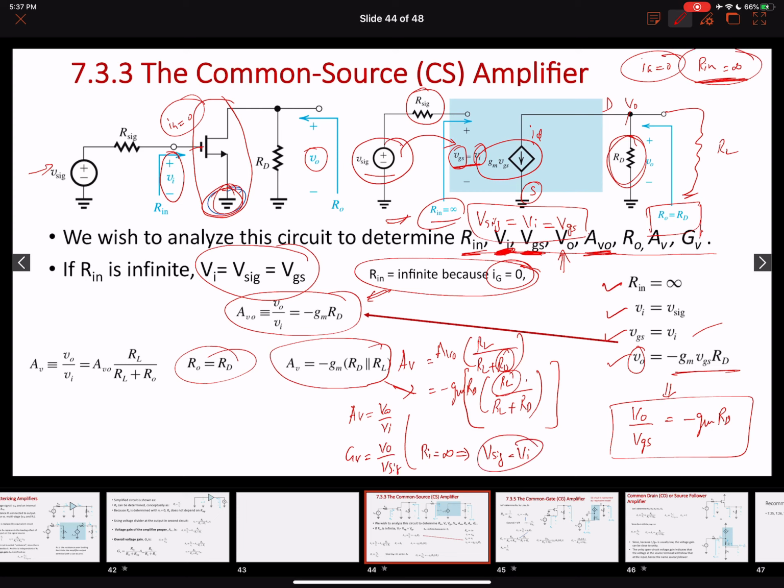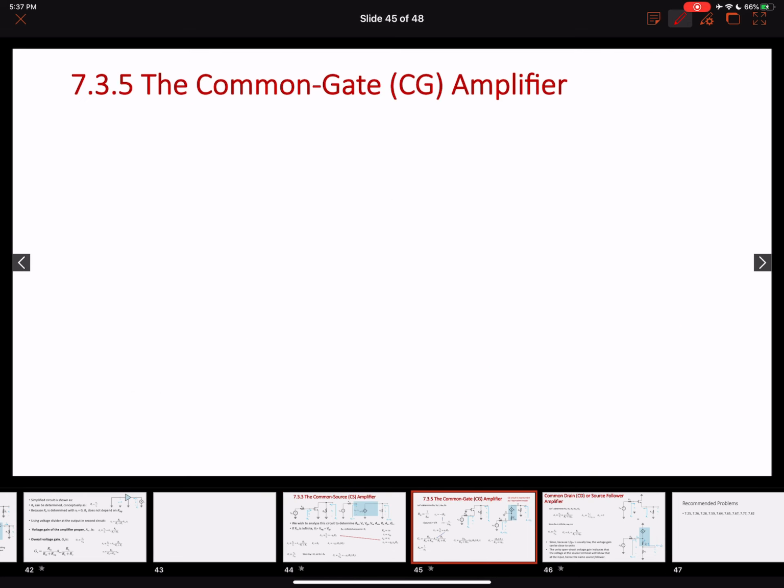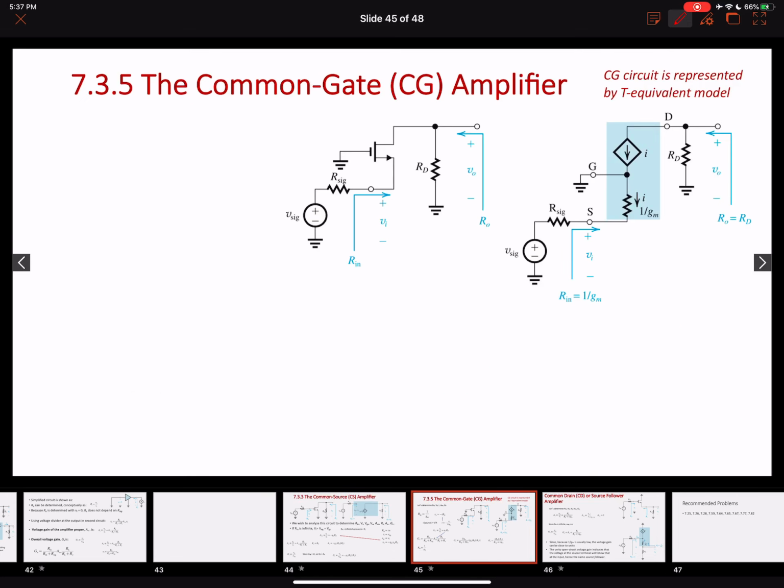If both are equal, this means that our overall voltage gain and the voltage gain of the amplifier are the same. So this is also equal to Gv.